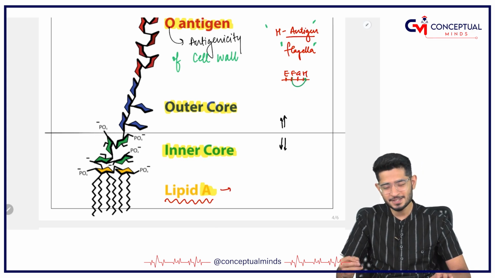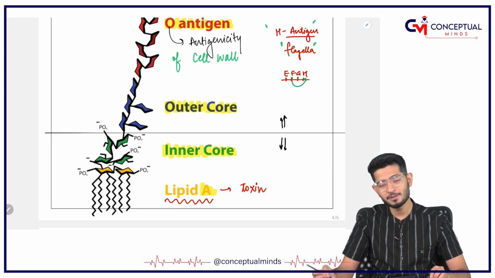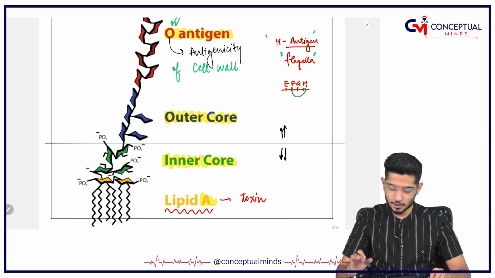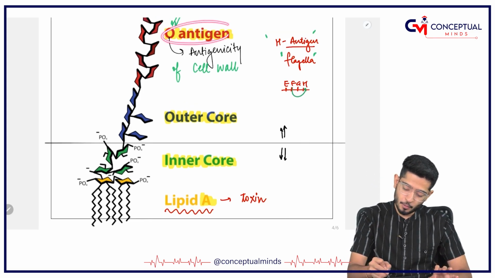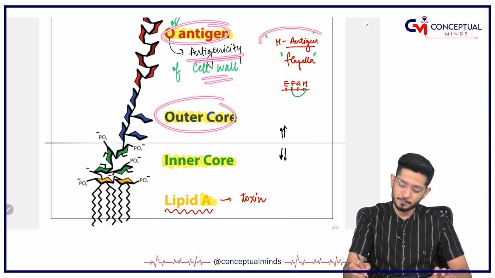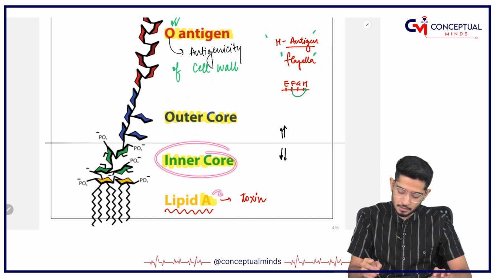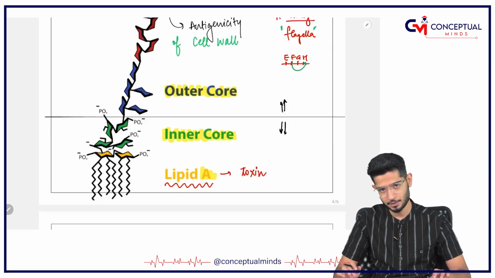We have already discussed, for the production of toxin. Okay, so quickly summarizing, O antigen in the outer core for the antigenicity of the cell wall, H antigen, flagella, whereas inner core is having lipid A. Lipid A is for toxin production.